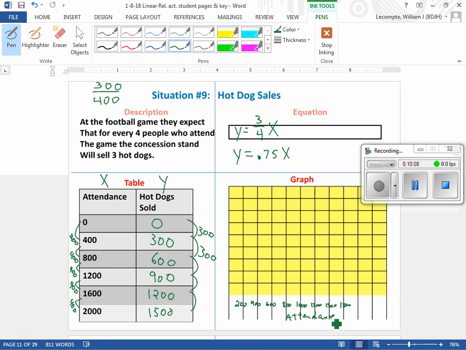So 200, 400. Actually, we can just go up by threes since we're using 300 every time. So 300, 600, 900, 1200, 1500, 1800. Right, and that is our hot dogs.